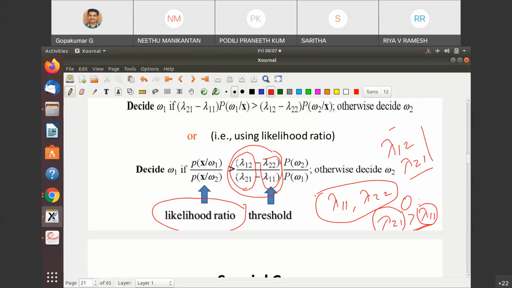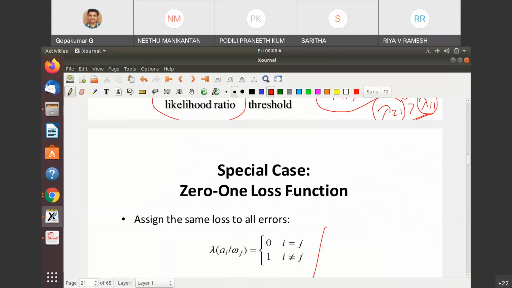So that term will be positive only. Another point is we have to see what lambda 1 2 and lambda 2 1 are, and accordingly we will have the value of the likelihood ratio, which will be more in one particular case and lesser in another case. That is the analysis that we can make in this particular equation.